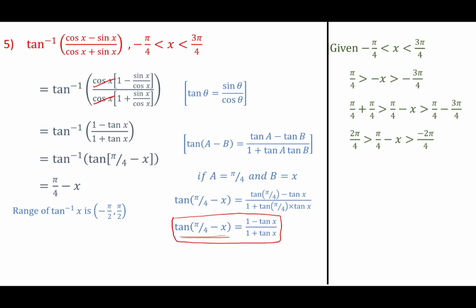Now 2 times 1 and 2 times 2, here also. It will be pi by 2 is greater than pi by 4 minus x greater than negative pi by 2. Check, this angle pi by 4 minus x lies in between negative pi by 2 to pi by 2, which is the range of tan inverse x. That's all.